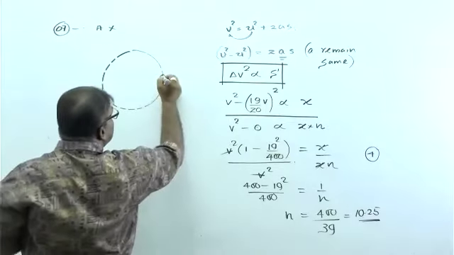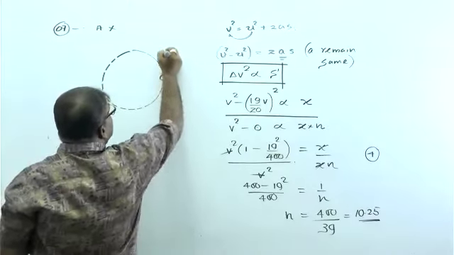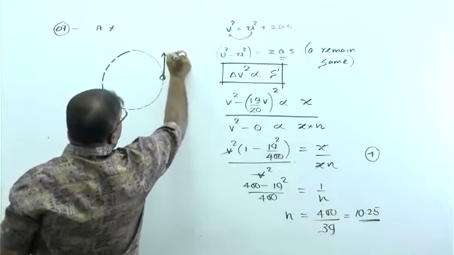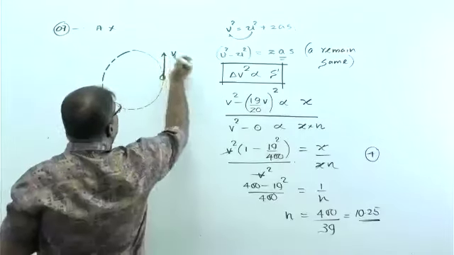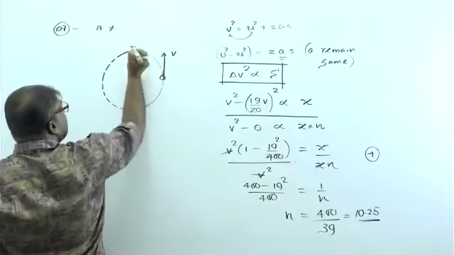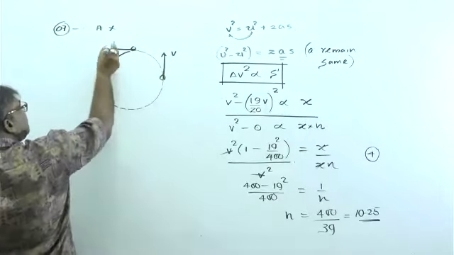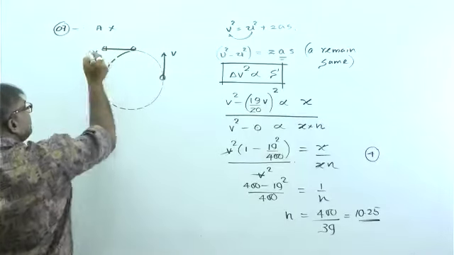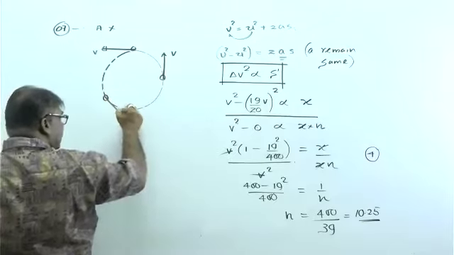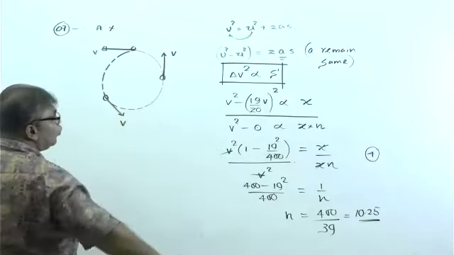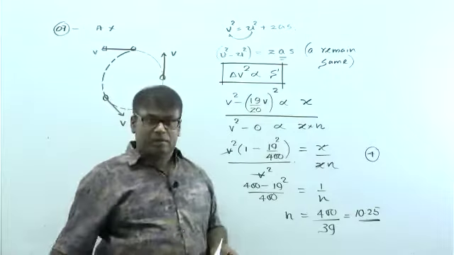Then put at here, magnitude of speed directed like velocity. Velocity is directed along the tangent. At here, velocity is directed along the tangent like this. And at here, velocity is directed along the tangential line drawn to the circular path.